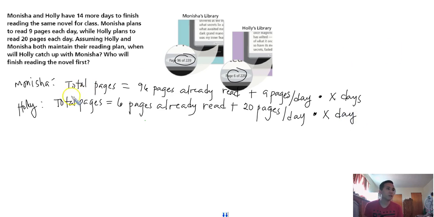So for Monisha, we can write that as y is equal to 96 plus 9x. I'll be using red there. And then here, y is equal to 6 plus 20x.